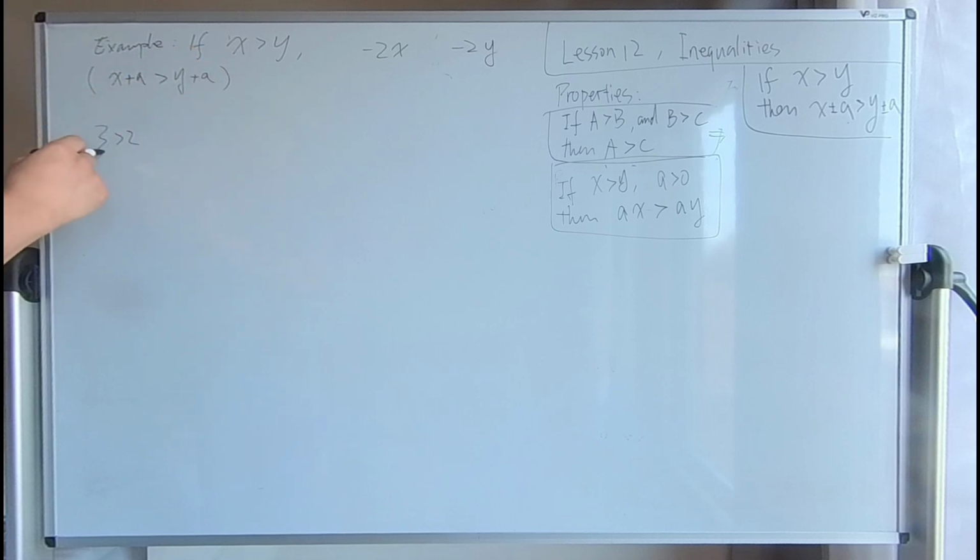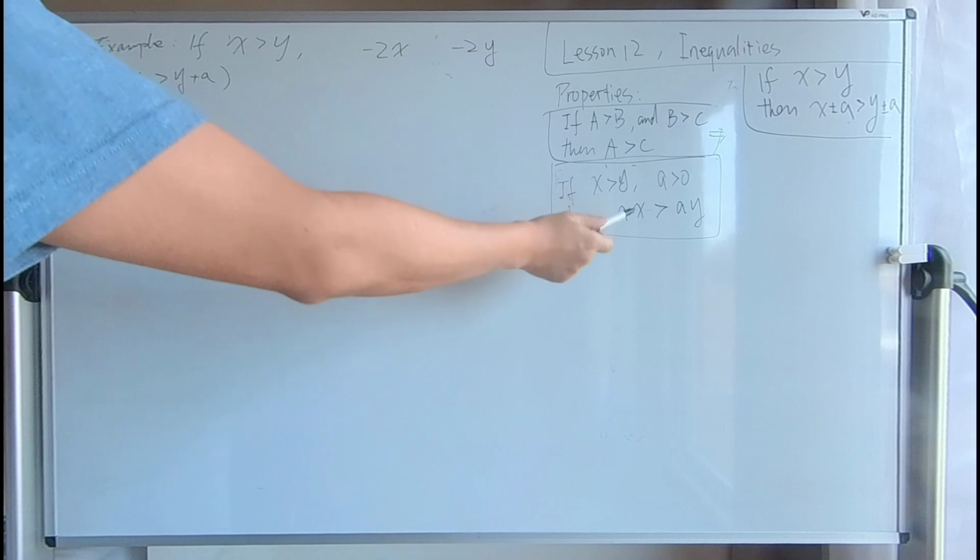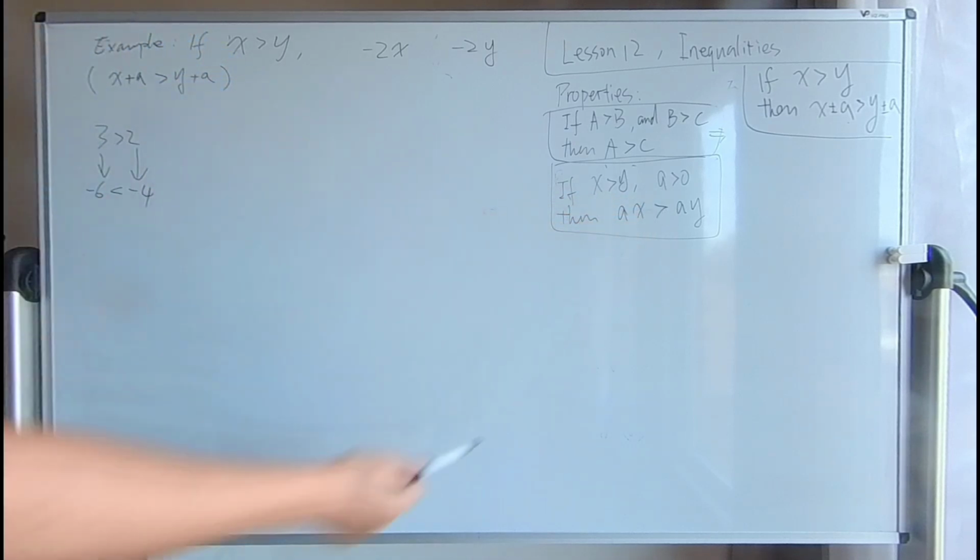So I have 3 greater than 2, then what happens if I multiply by minus 2? 3 becomes minus 6, and 2 becomes minus 4. Because they are both negative numbers, minus 4 is greater than minus 6. Right? Now it looks like I'm having a change of sign, unlike the positive multiplier.